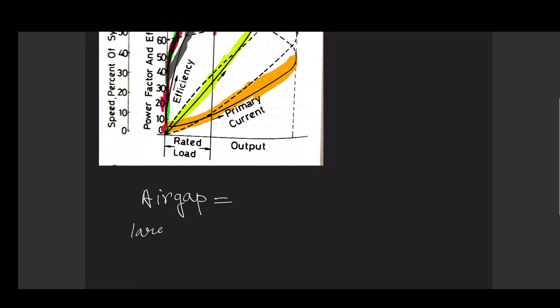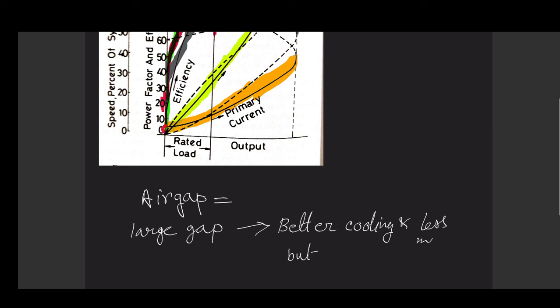A large air gap means a high value of air gap between the stator and rotor. The pros are better cooling and less mechanical loss, but what would happen? It will affect your power factor.